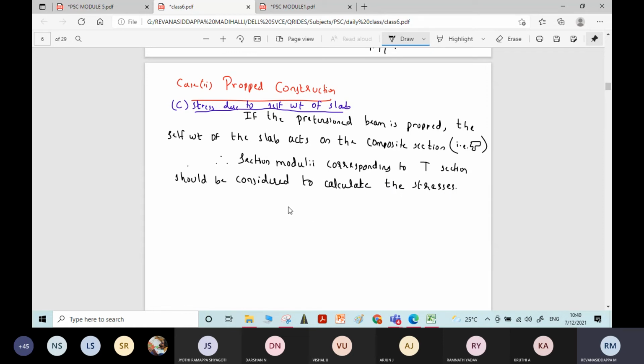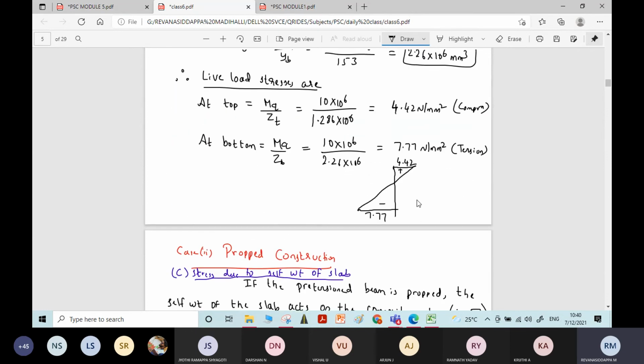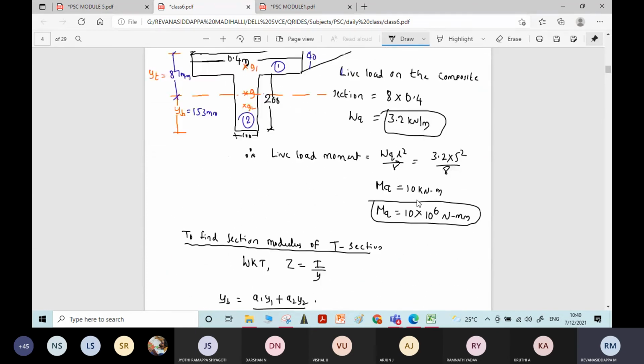We know the moment due to the slab that we have already calculated in the previous case. We know that the moment due to slab weight is equal to MSL. We have already calculated it in the unpropped method.